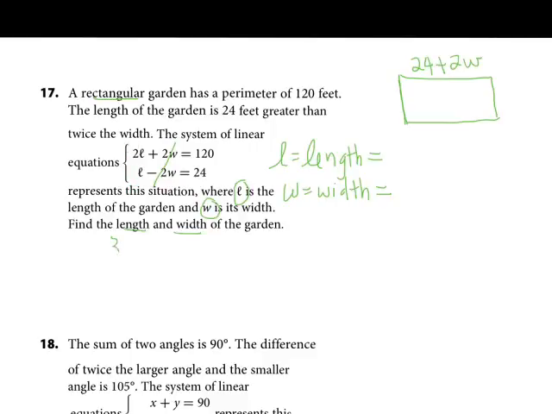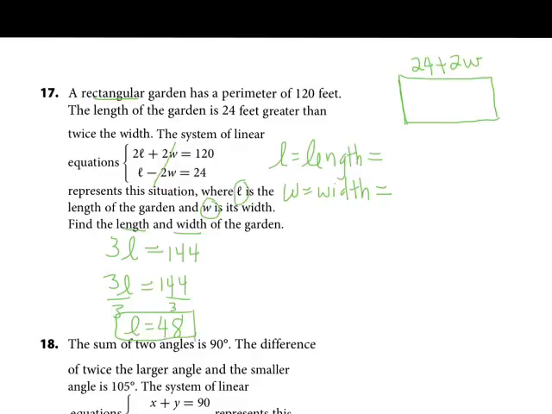So 3L is equal to 120 plus 24, which is 144. Okay, so if I divide by 3 on both sides, I'm going to end up with L equals 48. So I have my L now.